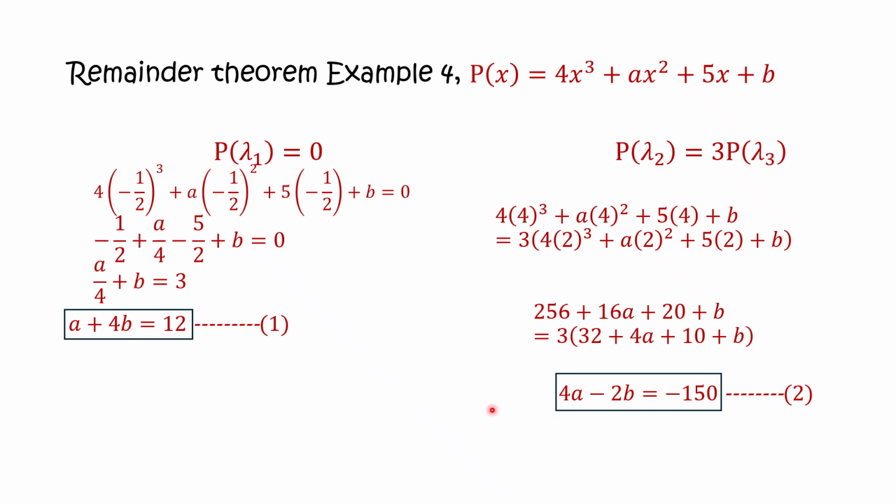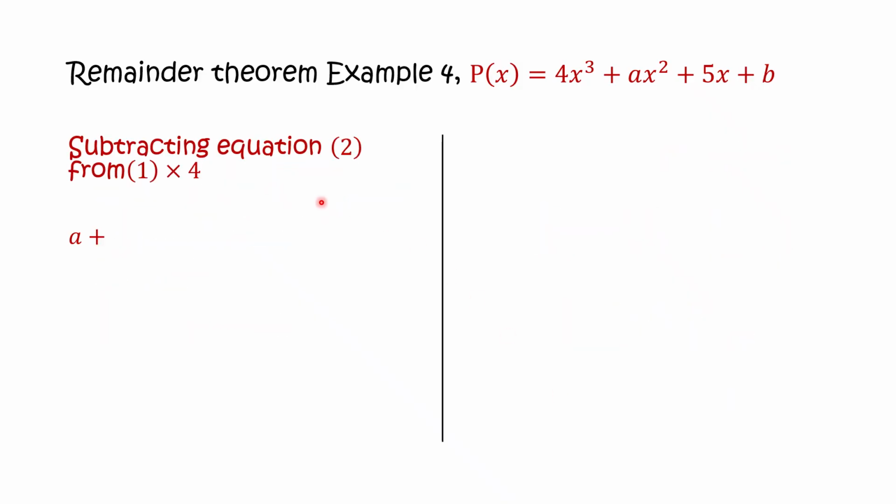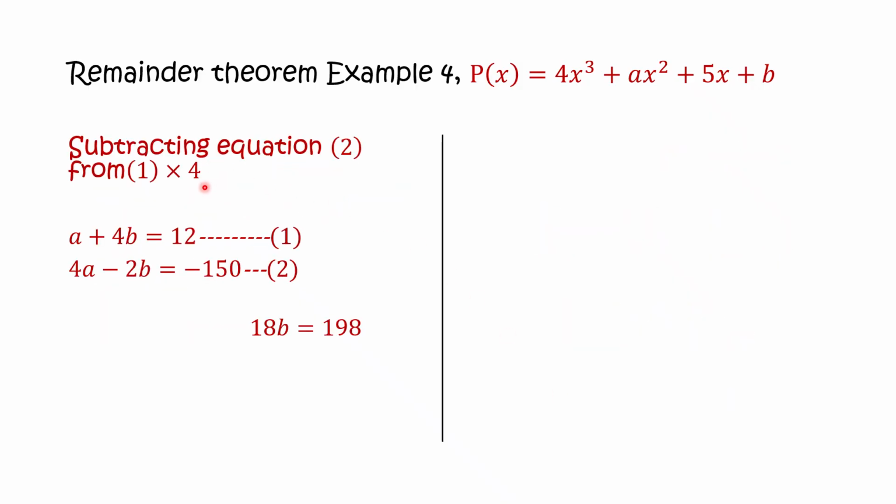So we've got 2 equations that we have to solve. It's easy to see that subtracting equation 2 from 4 times equation 1 would be easier. That would help us eliminate the a. Why? Because we are saying 4 times a plus 4a, or rather minus 4a plus 4a, that would give us 0.